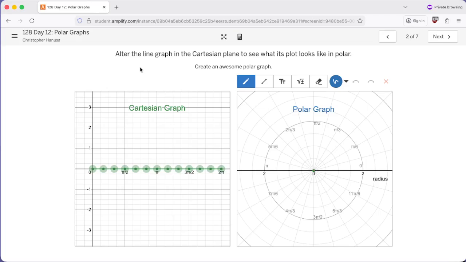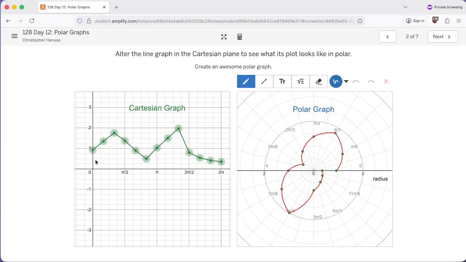Okay, so in this example, we are now going to connect those points. What we have here on the left-hand side is what our graph might look like if we just had a y as a function of x graph.